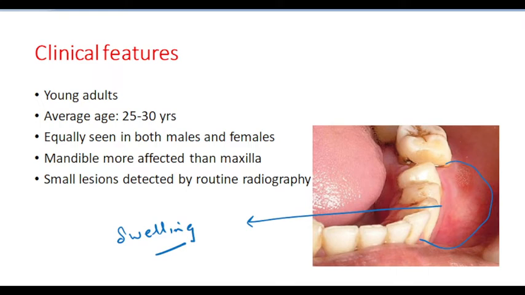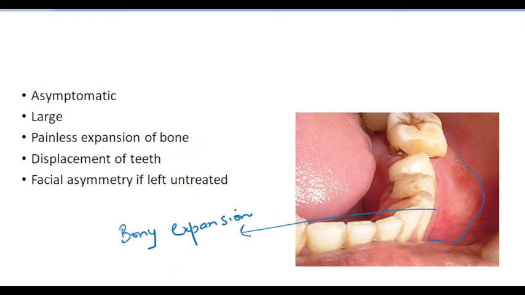The mandible is slightly more affected than the maxilla, and small lesions are asymptomatic and detected by routine radiography. If odontogenic myxomas are large, then they cause facial asymmetry. Generally, there is painless expansion of bone and displacement of surrounding teeth.